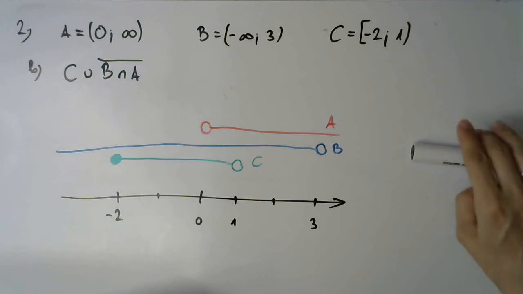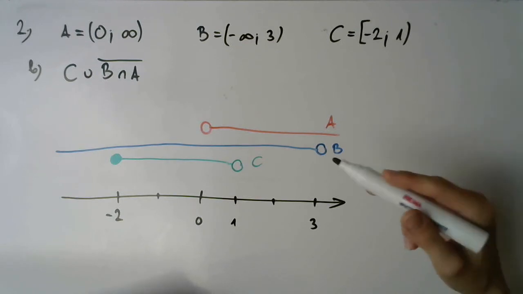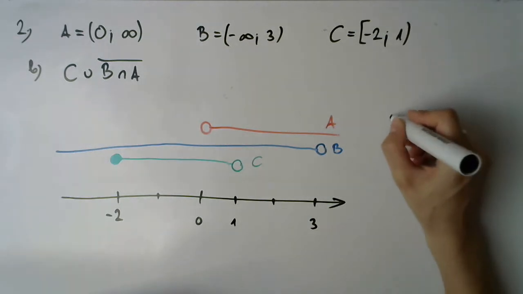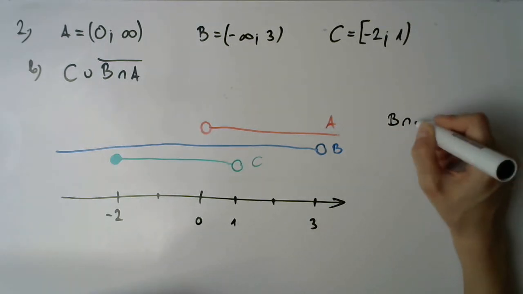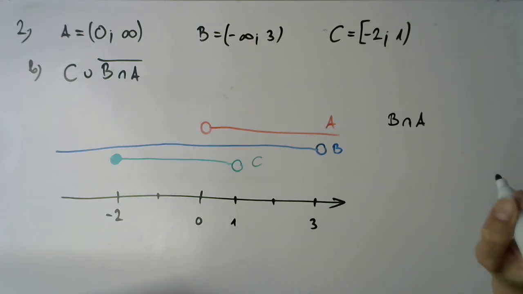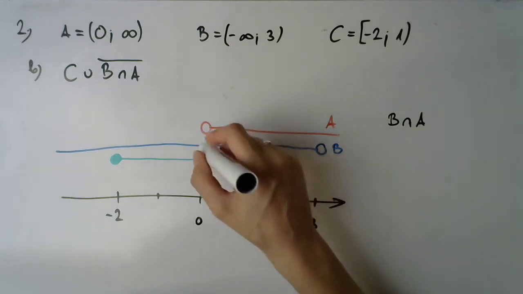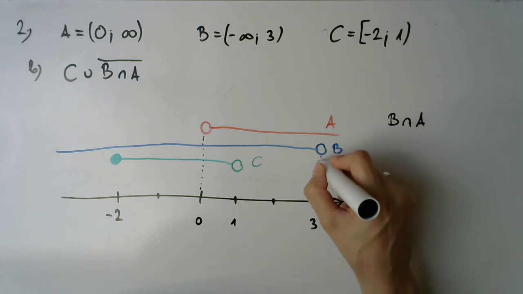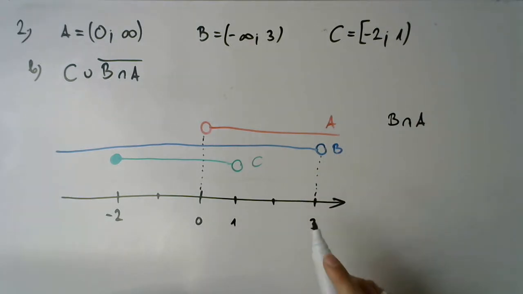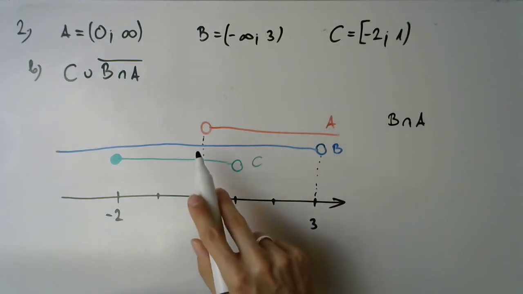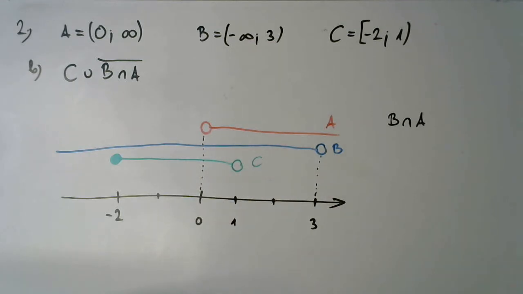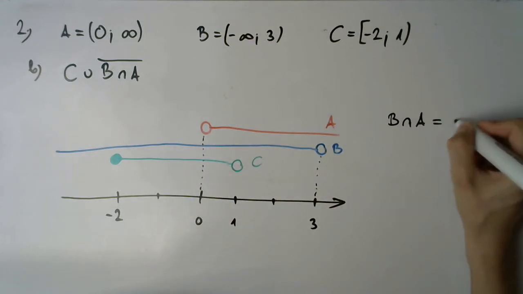Okay, let's break this expression down. So first we have B intersection A. This means every number which is in both A and B, which means in this case from 0 to 3, open interval.